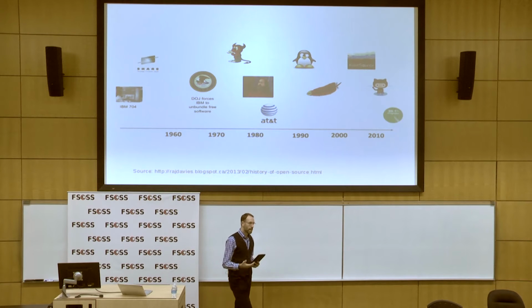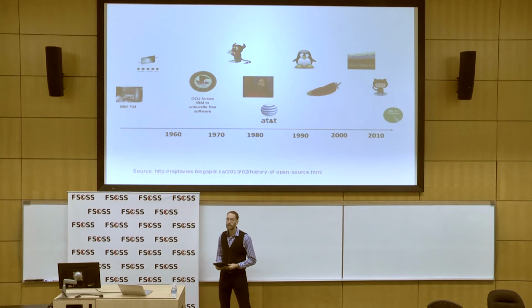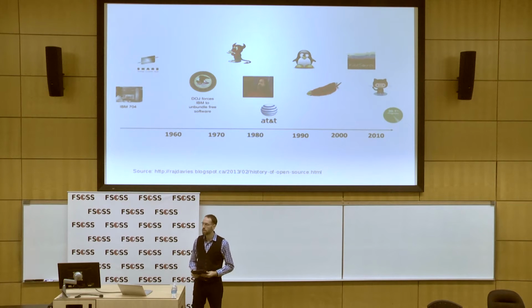Looking back from 2016, we're looking back at about 50 years of software development. It's a history that started with the first computers, where the norm had been basically open source software.